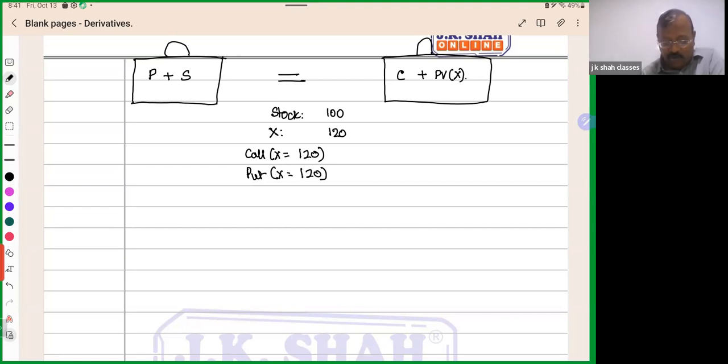Okay? Let's presume time equals to 3 months. And let's presume R equals to 10% per annum. अच्छा. Now, please remember this. Whatever discussion I'm about to do now, I'm talking about on the day of expiry.